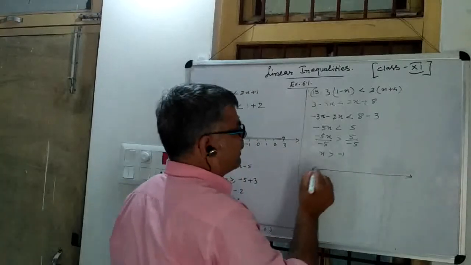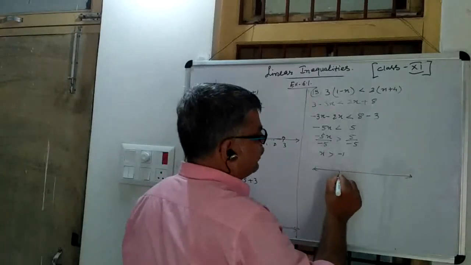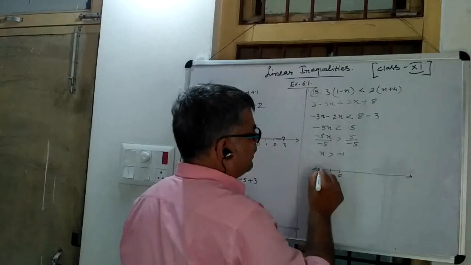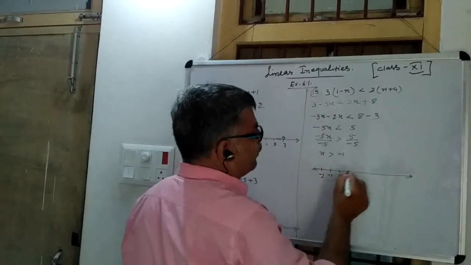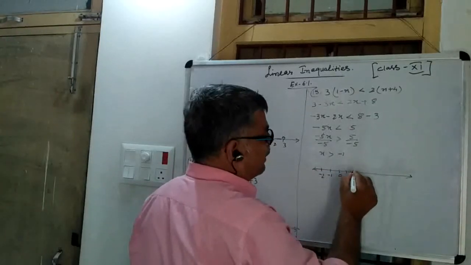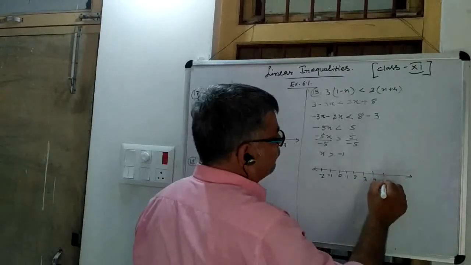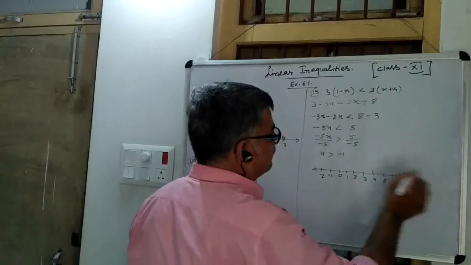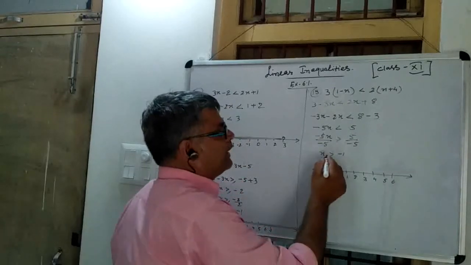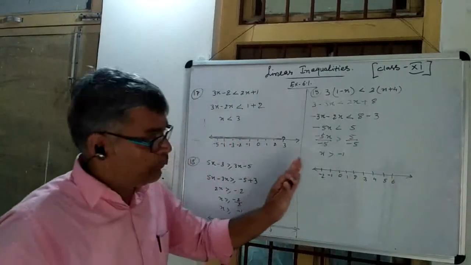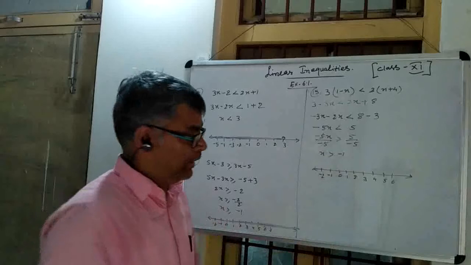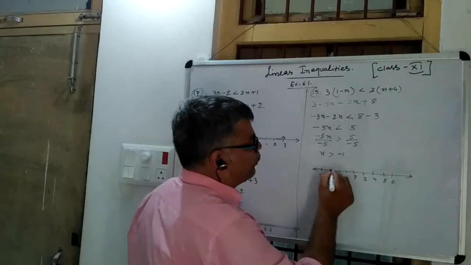So you draw a number line. Again it is 0, minus 1, minus 2, plus 1, plus 2, plus 3, plus 4, plus 5, plus 6 and so on. The solution is from minus 1, greater than minus 1. It means minus 1 is not included.